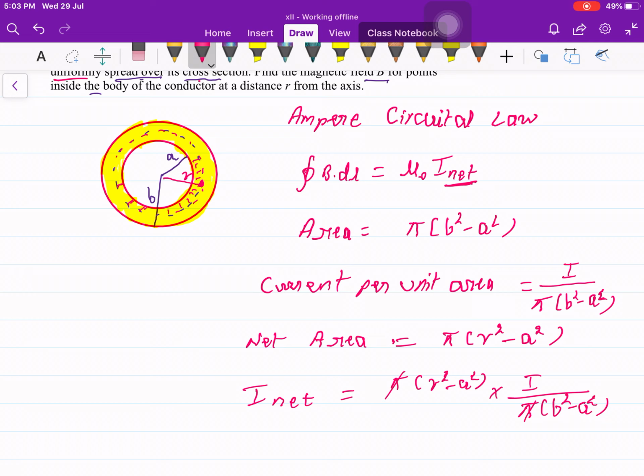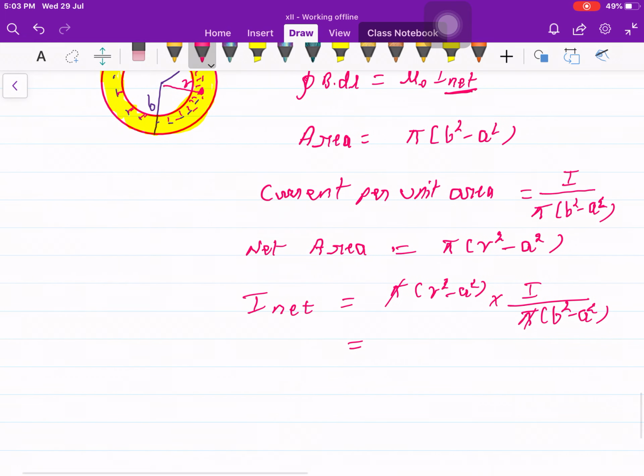Here pi and pi cancel. What is remaining? I can write like this now: I net equals (r square minus a square) upon (b square minus a square) times I. It is the I net current.